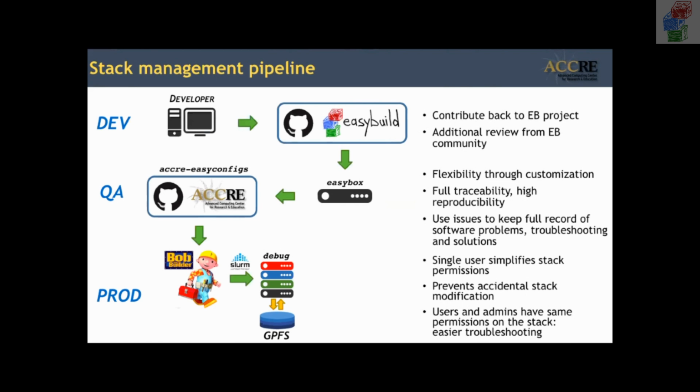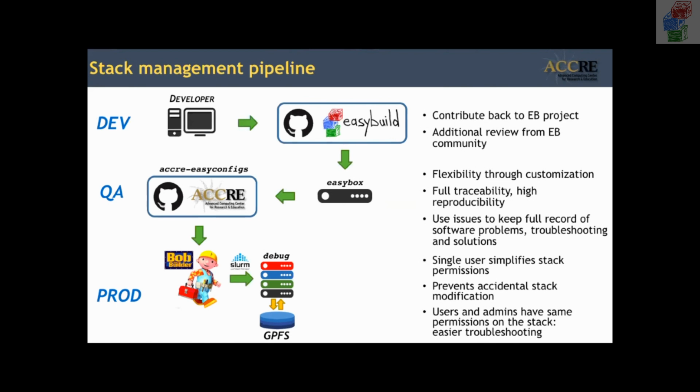So as Bob the Builder, we pull from our EasyConfig repository, and we use the Slurm integration in EasyBuild to launch jobs that build on our debug queue. One of the problems that we have on our cluster is that we have multiple CPU architectures.